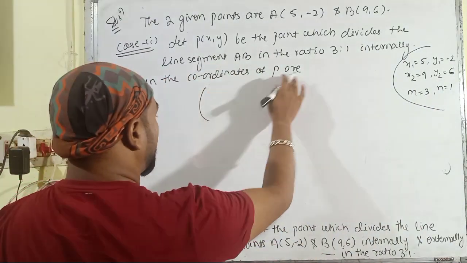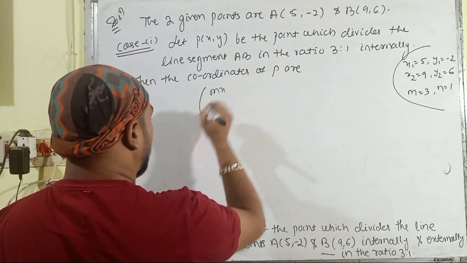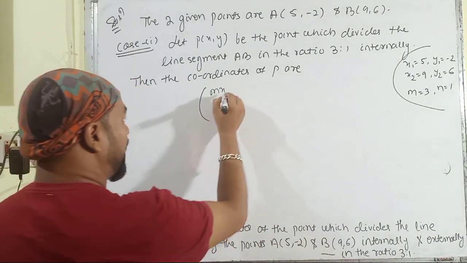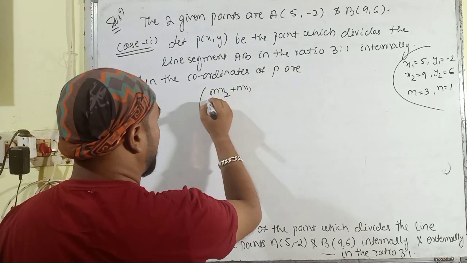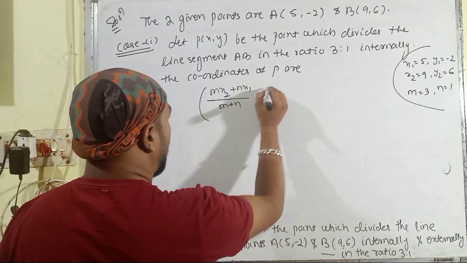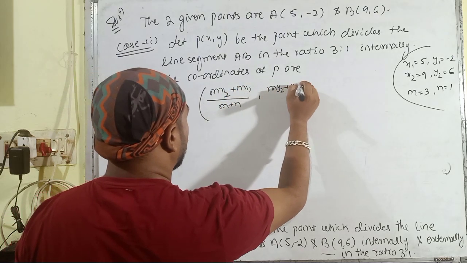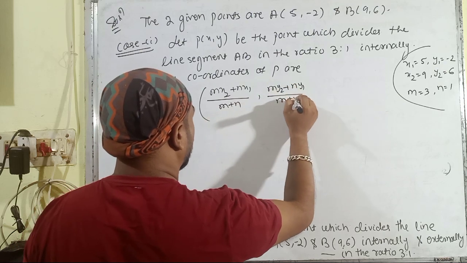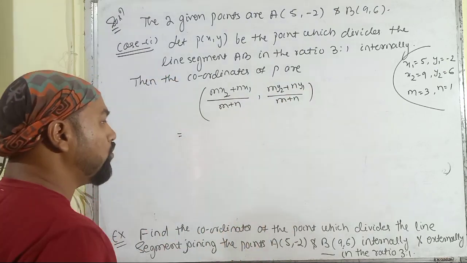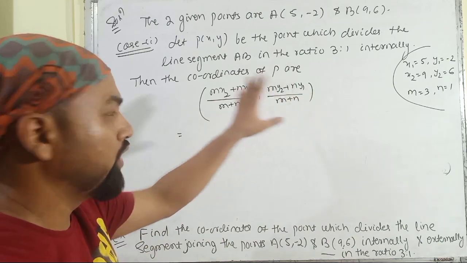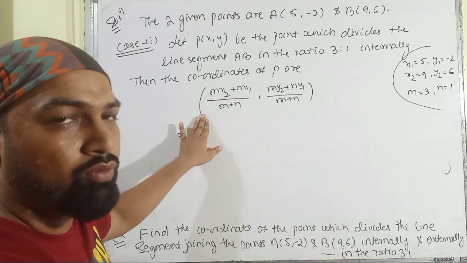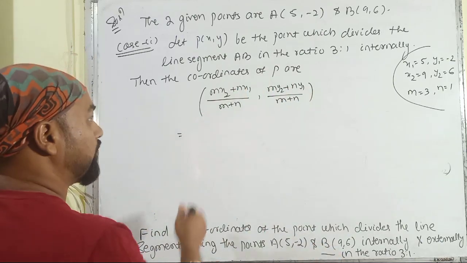So these are the given values for this problem. Then the coordinates of P, from the formula of internal division, are (mx2 plus nx1) divided by (m plus n) and (my2 plus ny1) divided by (m plus n). Now we just put these values in this formula and evaluate.